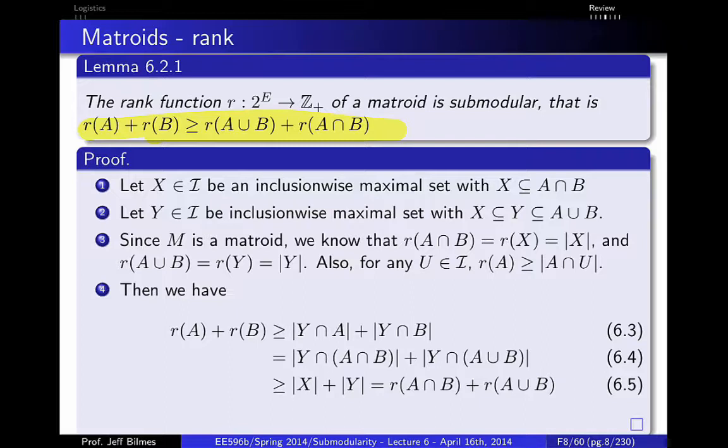Namely, if you add an element, first of all, it's integral valued. So you don't get real values, you only get integers, number one, in a rank function of a matroid. Number two, when you add a new item, either you increase the rank by 1 or you increase the rank by 0. Like in the matrix case, every time you add a new element, either you're completely spanning a new subspace, or you're not.